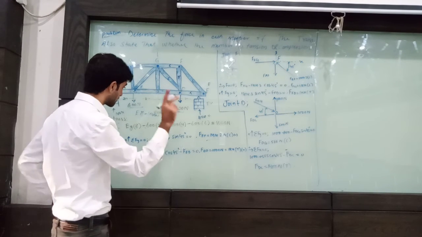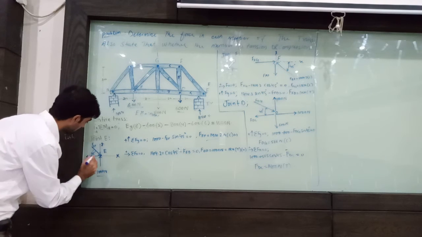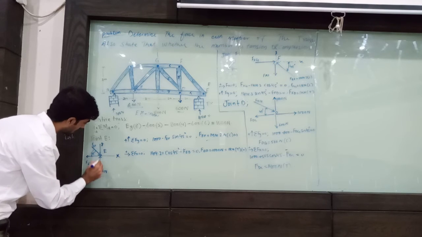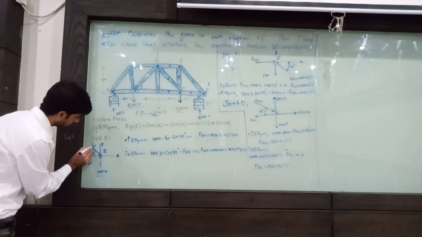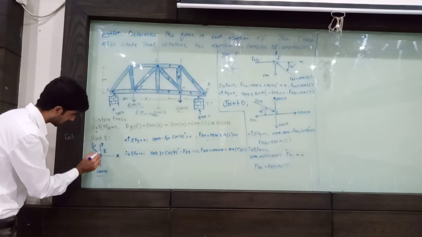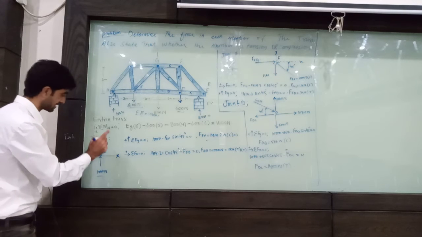Sin 45. So a point to be noted: sin 45. It means that this is vertical. We draw it for ease. So this is the vertical direction. This is the horizontal direction. Okay. This is x axis, this is y axis.